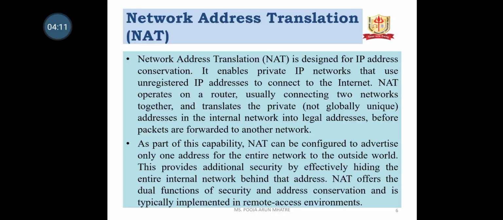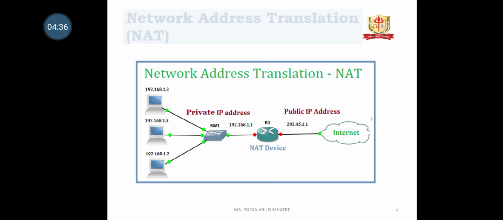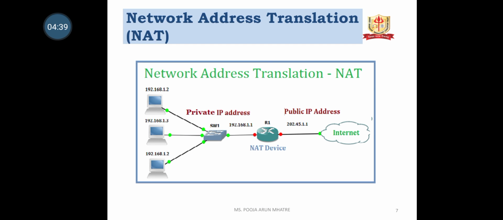As a part of this capability, NAT can be configured to advertise only one address for the entire network to the outside world. This provides a conditional security by effectively hiding the entire internal network behind that address. NAT offers the dual functions of security and address conversion, and it's typically implemented in remote access environments. Here is the diagram showing the network address translation.